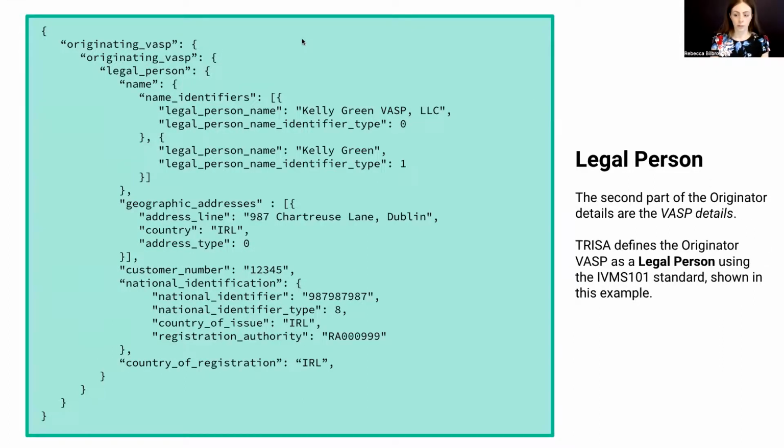The second part of the originator details are the VASP details. TRISA defines the originator VASP as a legal person using the IVMS 101 standard, shown in this example.